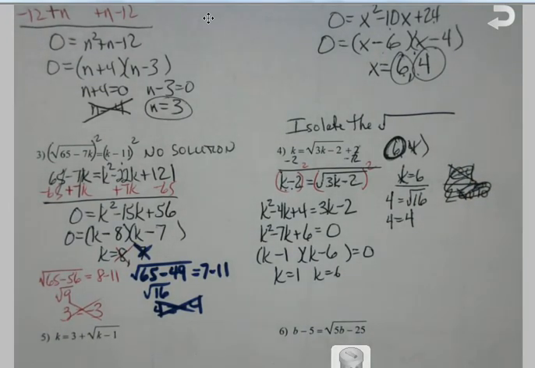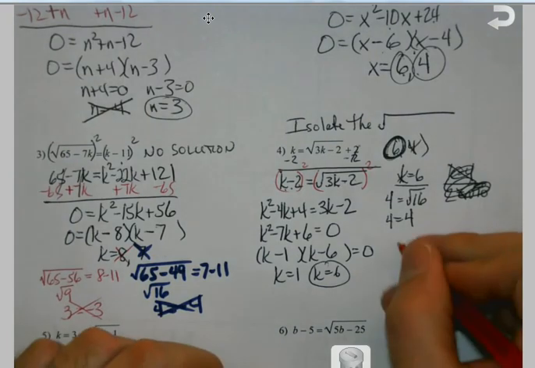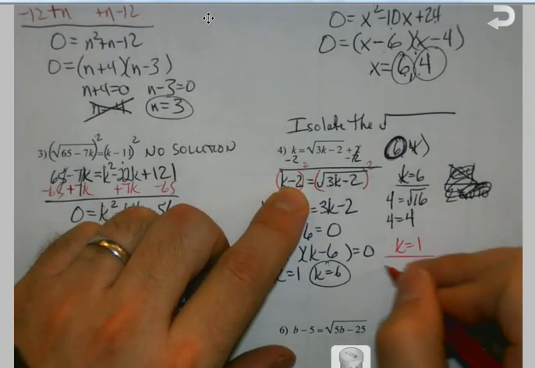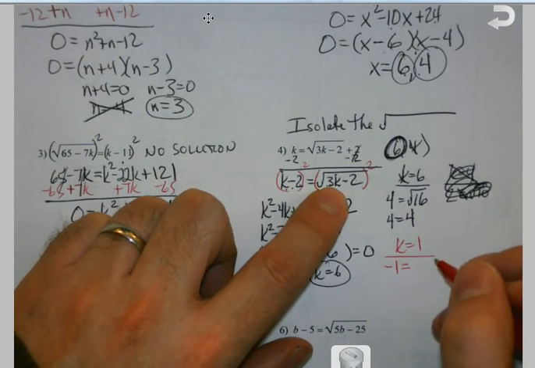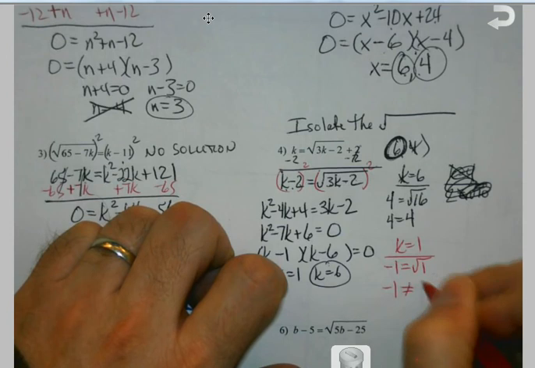I get 2 answers. But again, when you plug them in, we already know 6 works. We checked that before. But if I want to check out 1 this time, I go, okay, 1 minus 2 is negative 1. 3 times 1 is 3. Minus 2 would be the square root of 1. But negative 1 doesn't equal 1.